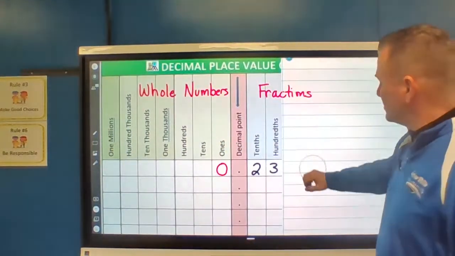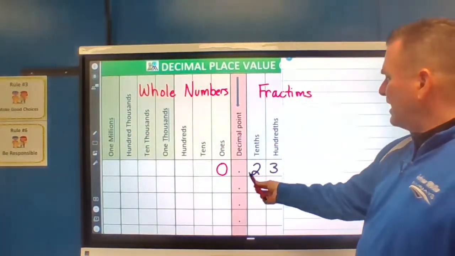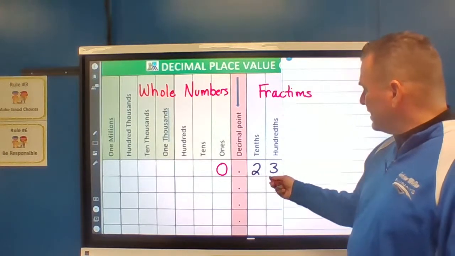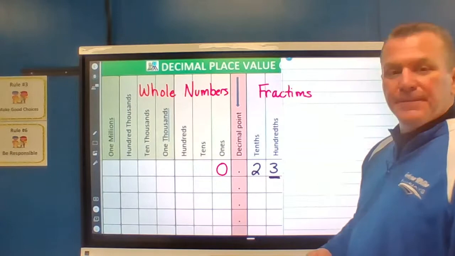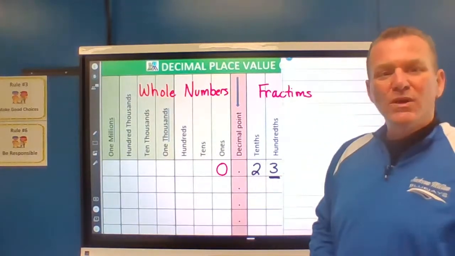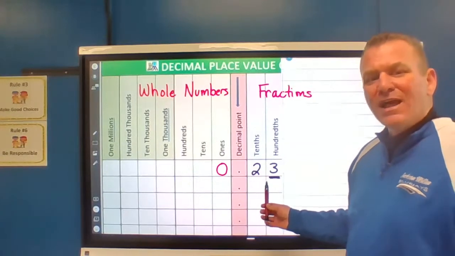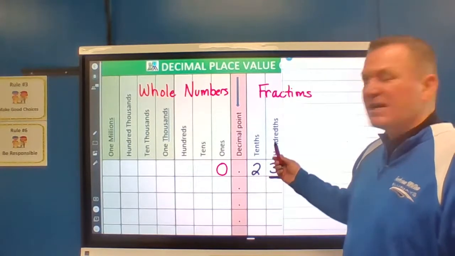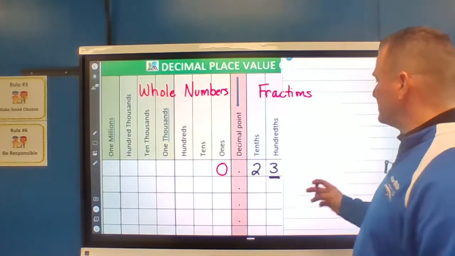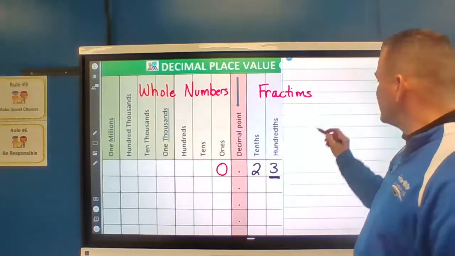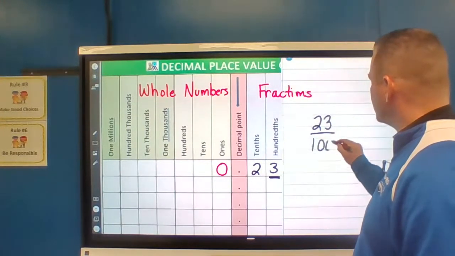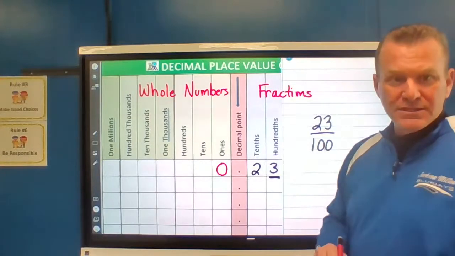If I'm looking at 0.23, what digit is last? It's the 3. So just like you would say a number over here, you say the entire number, 23, and then wherever that last digit is, you'd say the last name, 23/100ths.